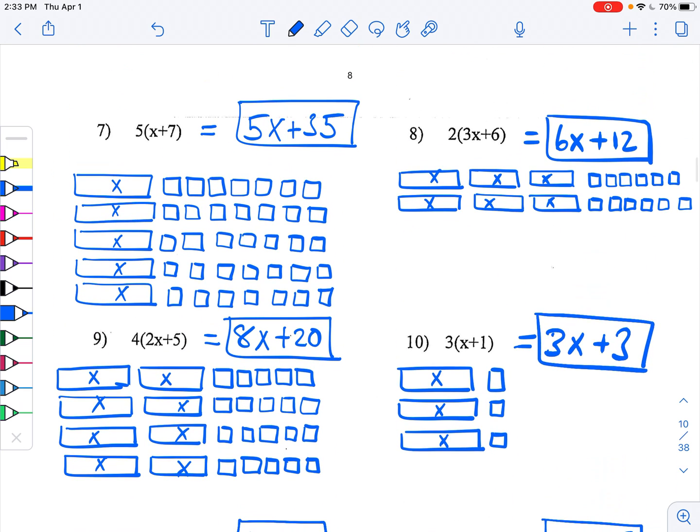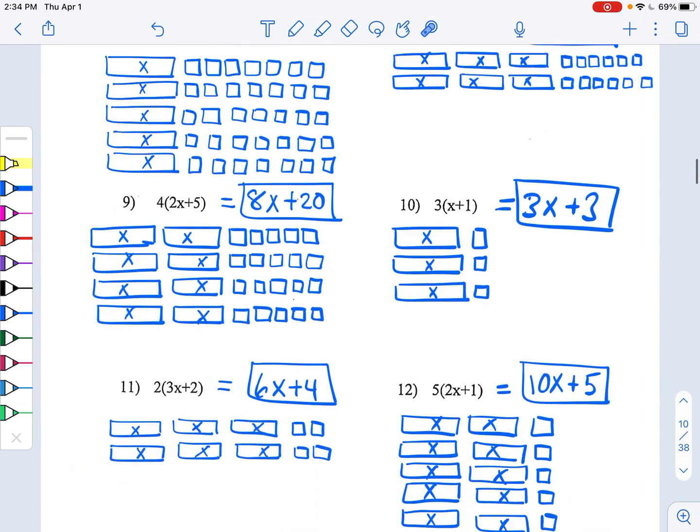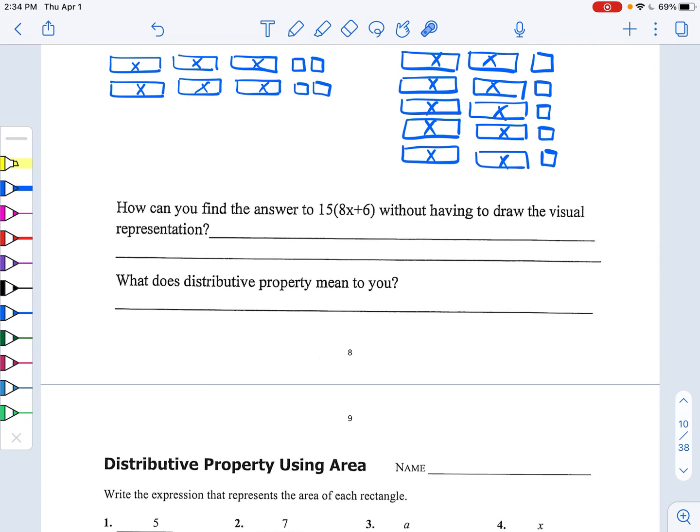I'm thinking if you can just see the patterns, 5 times 1x gave you 5x, and 5 times 7 gave you that 35. 4 times 2x gave me that 8x. 4 times 5 gave me that 20. 2 times 3x gave me that 6x. 2 times 6 gave me that 12. 3 times x gave me that 3x. 3 times 3 gave me that 3. It happened in every single instance.